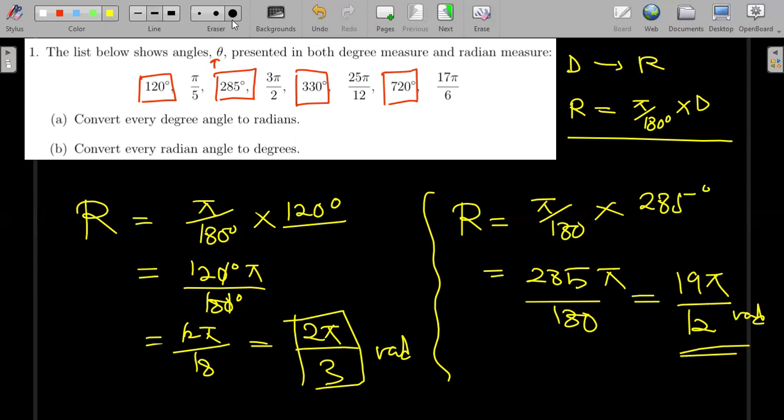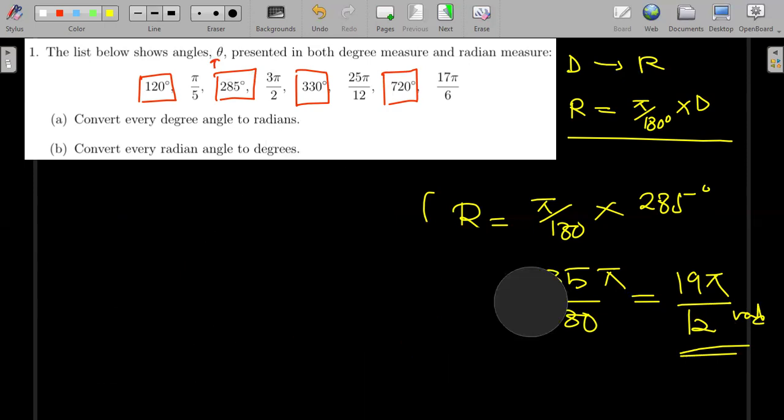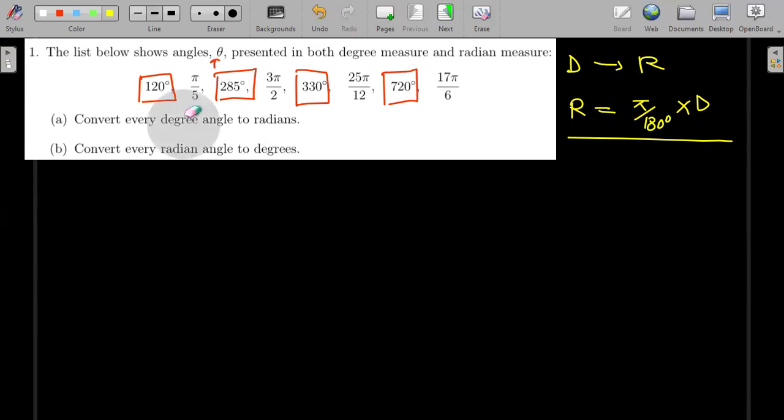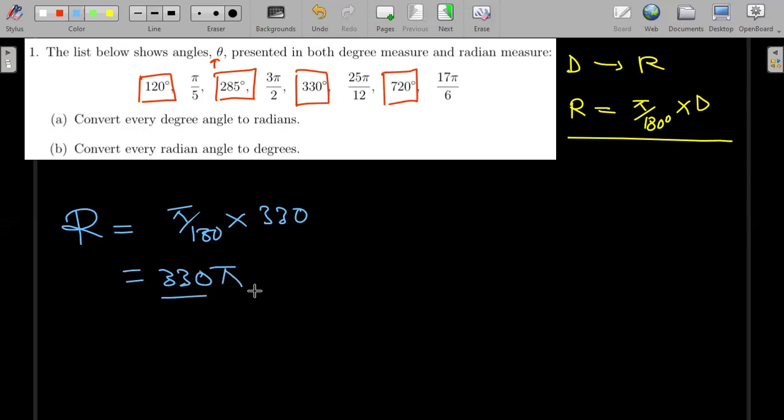Let's convert the 330 and the 720. The 330 in radians is pi over 180 times 330, so this becomes 330 pi over 180. We can cancel out this 0 and this 0, so I remain with 33 pi over 18.